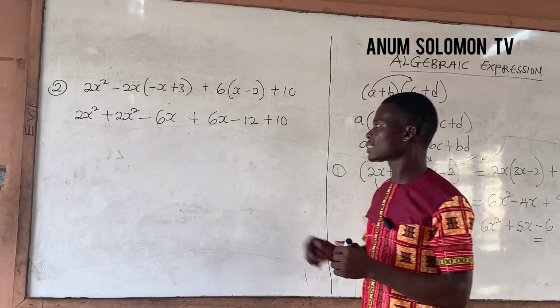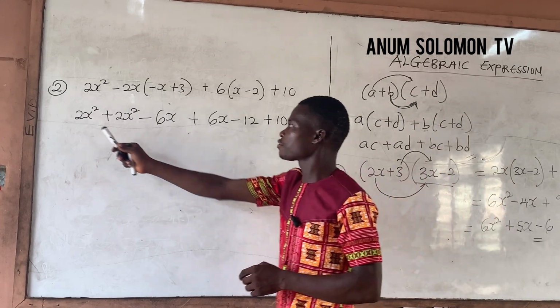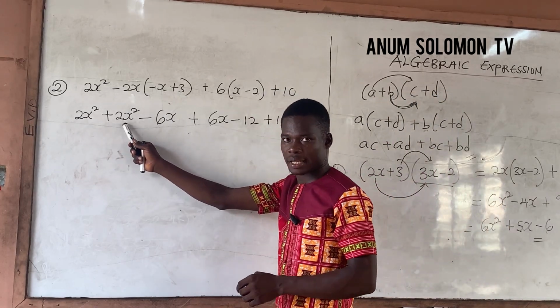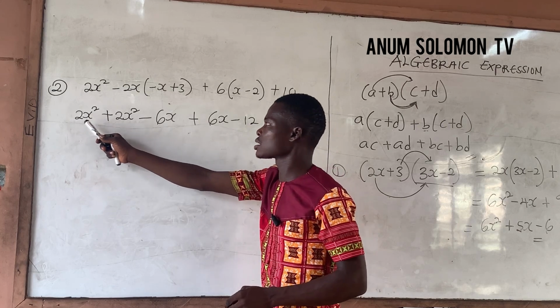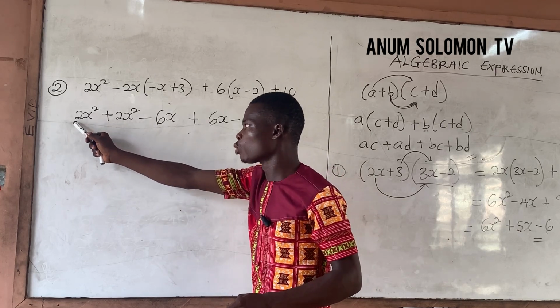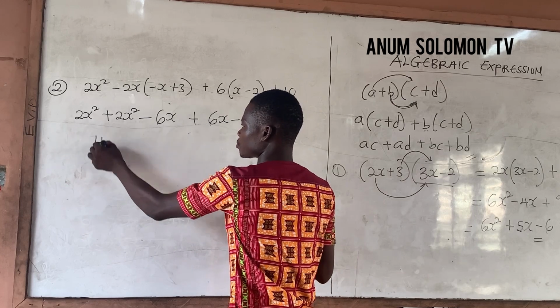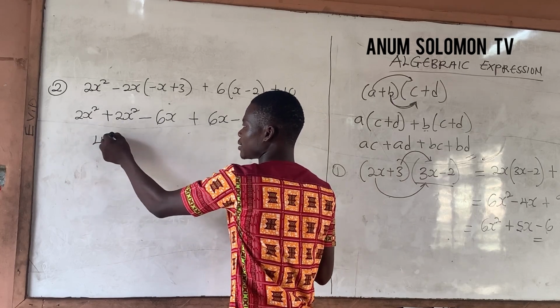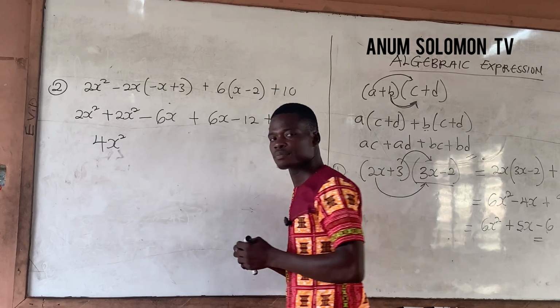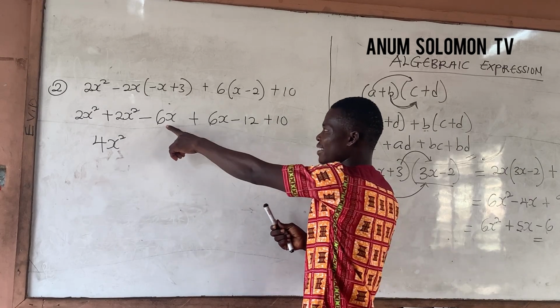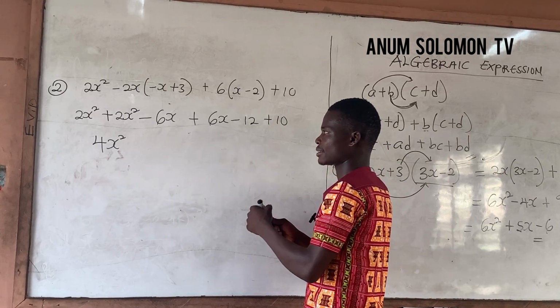So let's simplify them. We have 2s squared plus 2s squared. So here, let's consider coefficients. That's 2 and 2. So 2 plus 2 is 4. And the s squares are the same, so you write s squared. We have minus 6s plus 6s.